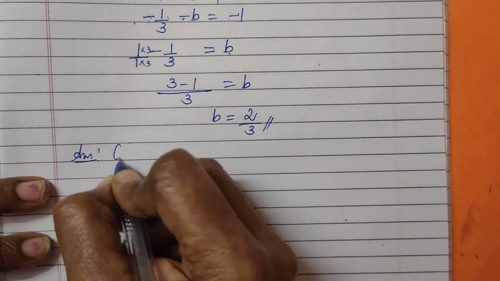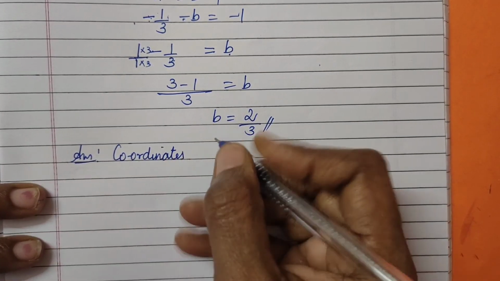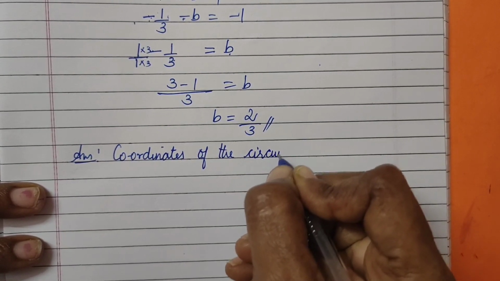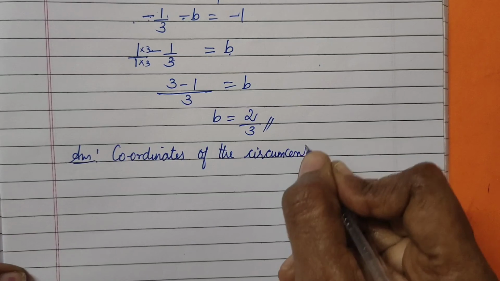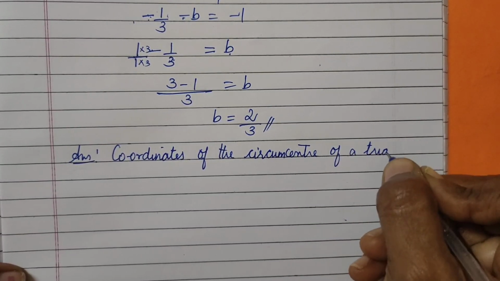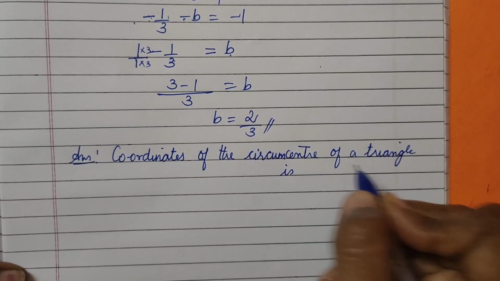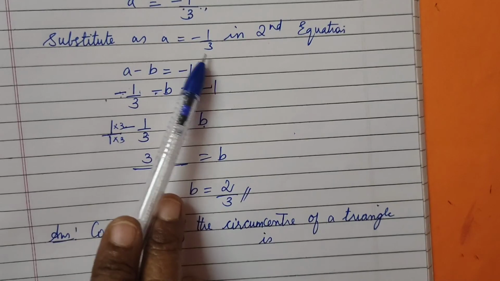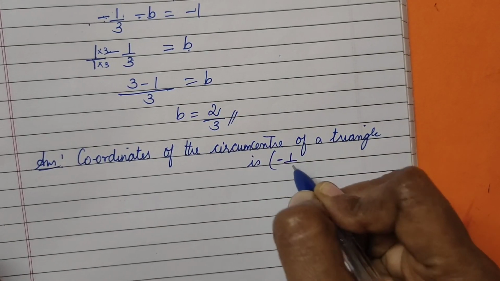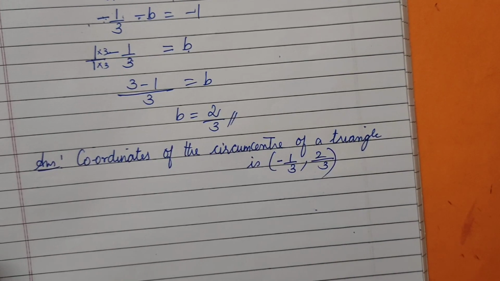Answer: coordinates of the circumcenter of a triangle is, so we have to write it in coordinate form. We have found a as minus 1 upon 3, yes. So we will write it here, minus 1 upon 3, and b as 2 upon 3.